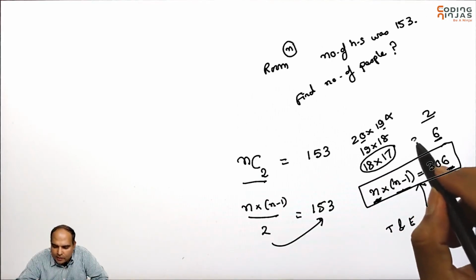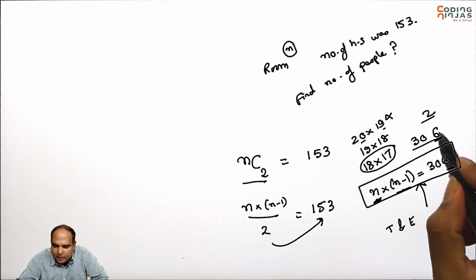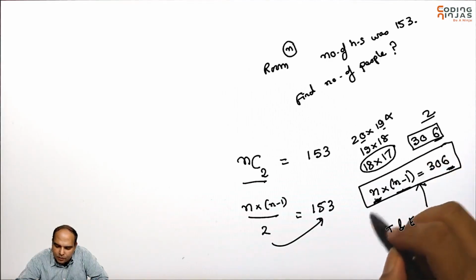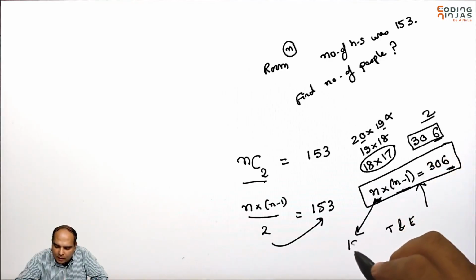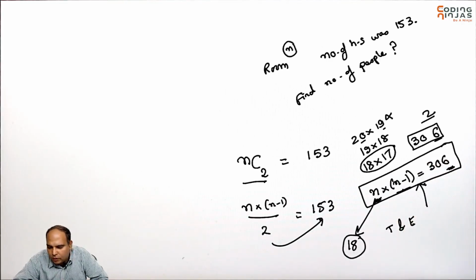If I check, I can see that 18 into 17 is indeed 306. So the value of n is 18, and that's the correct answer. That's how you do this question when you are given the number of handshakes and not the number of people.